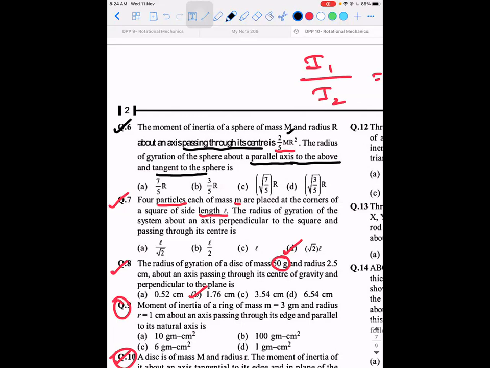So what is the moment of inertia of a sphere about its tangent? You calculated already. I gave as an example. You people did it. 7 by 5 m/r square. So what will be the radius of gyration? Mk square should be equal to 7 by 5 m/r square. M and m will get cancelled. K will be root of 7 by 5 times r. Right?